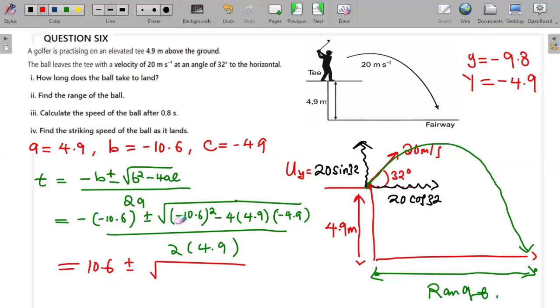Let me write it. Minus 10.6 squared, and then I have minus 4 multiplied by 4.9 in brackets, and then in the other brackets, I have minus 4.9. And then I close.